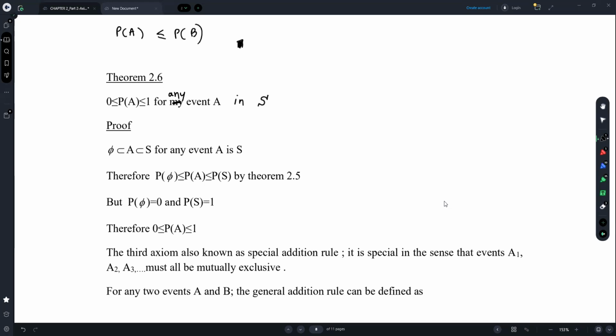For all three terms, you get probability of the empty set, probability of A, probability of S. But you know this is 0 and this is 1. Those are from the earlier theorems. So you'll end up with P(A) within 0 and 1. So that is how you prove theorem 2.6.